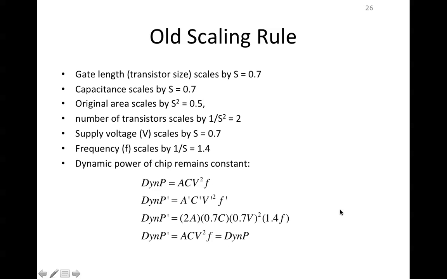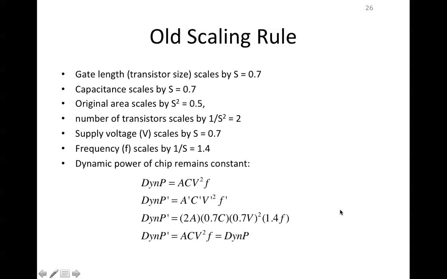Let's say capacitance scales by 70%, obviously because the gate length declines. The gate length decline also enables the transistor to shrink by 30% in one dimension, or 50% if we measure it as an area. So therefore we can fit twice as many transistors on a die, right? So the number of transistors scales by 2 times.